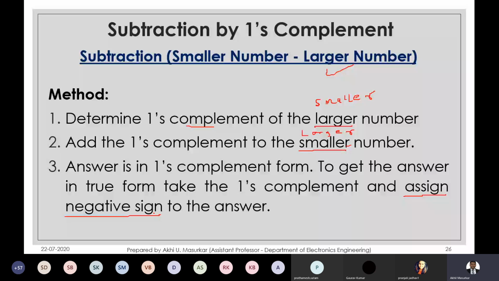If you have just finished copying this, just write done in the chat box, so I come to know that you have finished it.